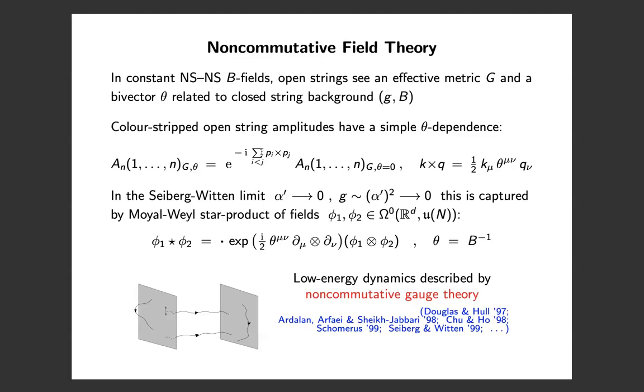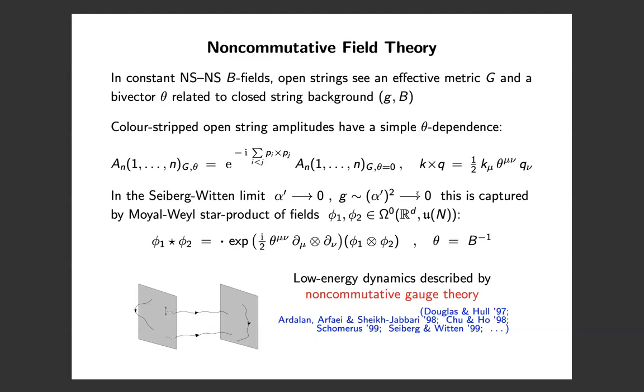So that's the observation, and now where non-commutative field theory comes in. If we look at a special field theory limit of this situation, what's called the Seiberg-Witten limit, where we take the zero slope limit, but we also simultaneously scale the closed string metric down to 0, so you completely decouple the bulk string dynamics from the boundary dynamics where the open strings live.